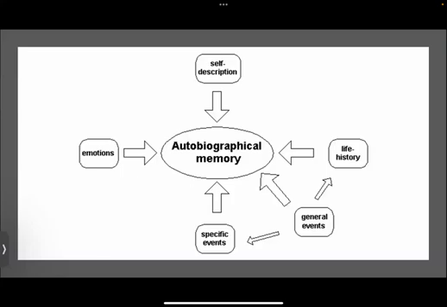Then there are some emotions that I associate with myself. Then there is life history, which is some specific events as well as general events, which I associate with myself, and all together this creates the core autobiographical memory of me as myself.